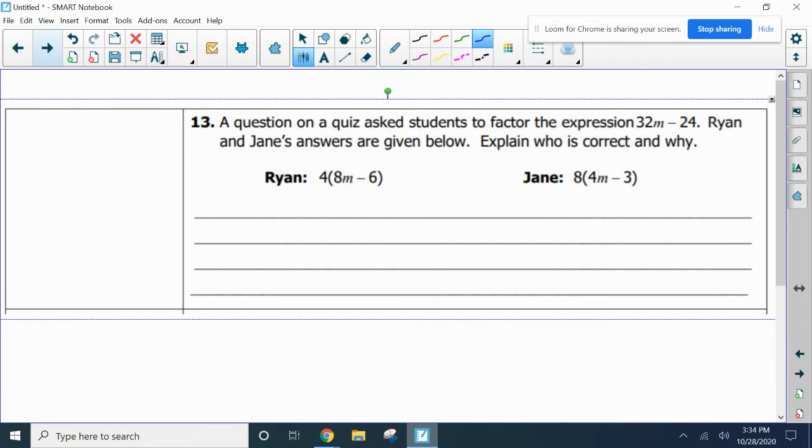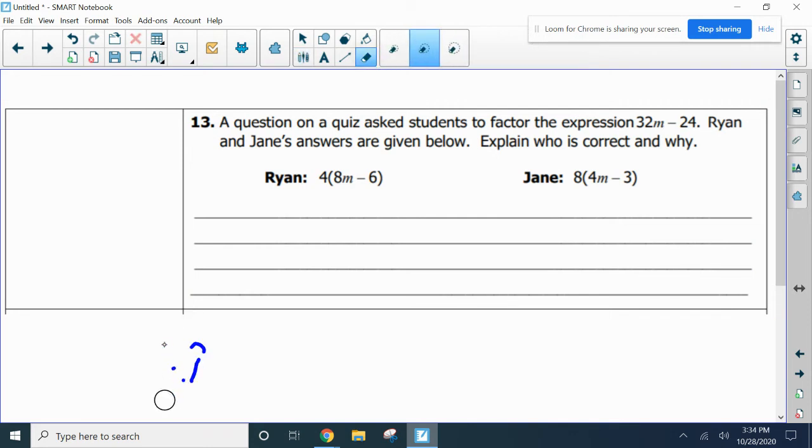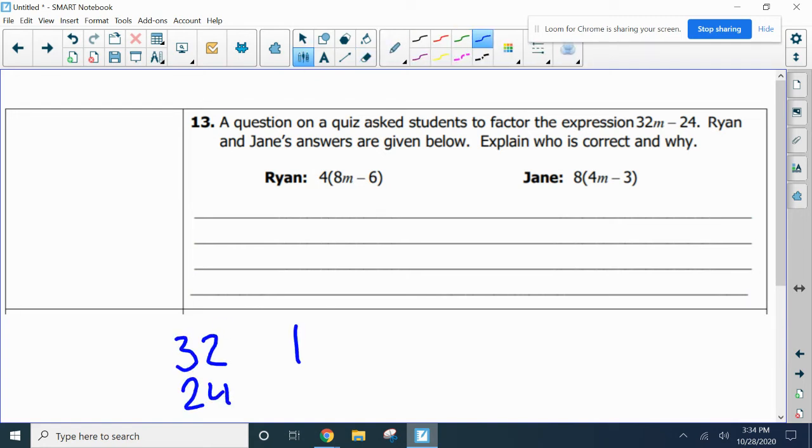Well, before we go ahead and solve this, let's figure out what they got. So, well, actually, let's go ahead and factor it. So we know 32 and 24. So we're going to find our factors of 32 and 24. I know I have 1 and 32, 2 and 16, 4 and 8, not 6, not 7.